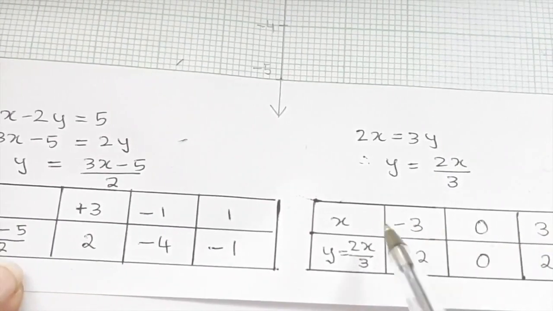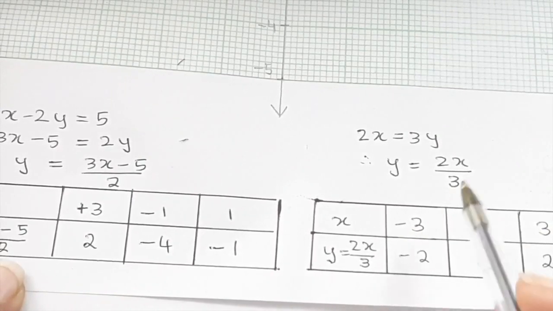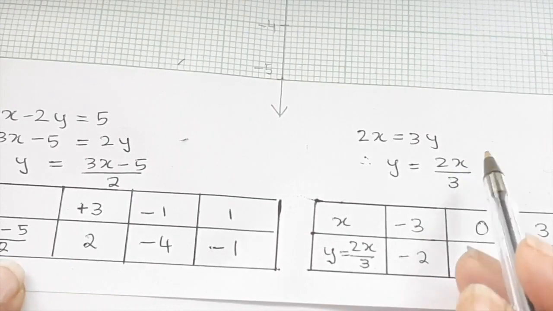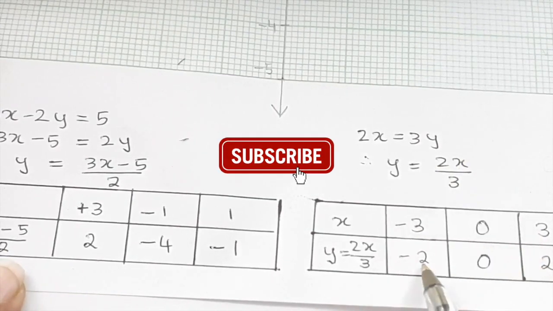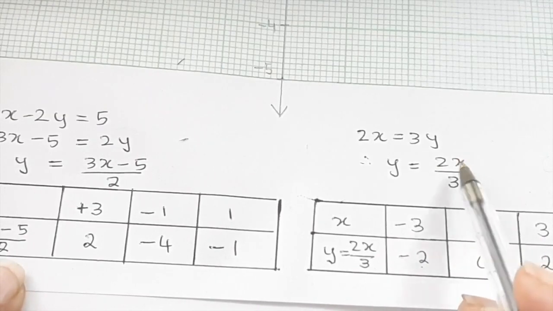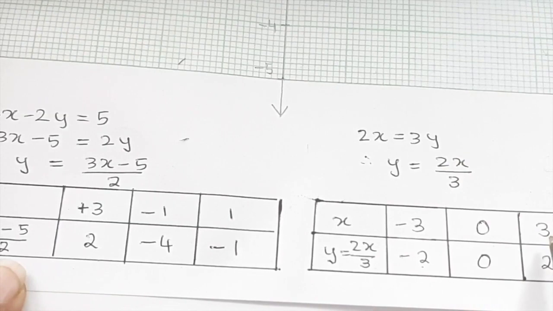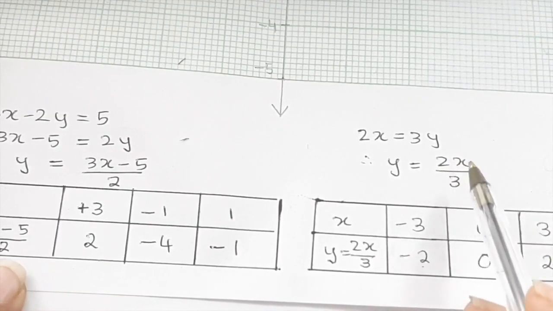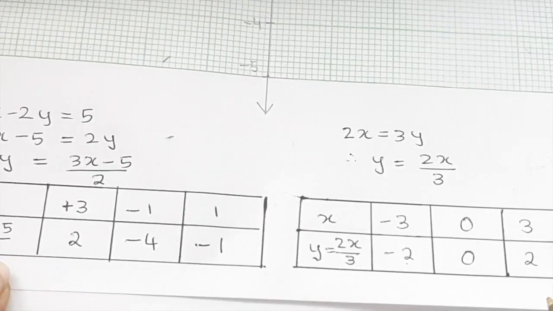Now I have to take x as a multiple of 3 because we have to divide by 3. So 2 into minus 3, the 3 gets cancelled and minus 1 into 2 will give us minus 2. If x is 0, 0 upon 3 will be 0. So 0 and 0. When it is x equal to 3, then 2 into 3, the 3 gets cancelled and you will have 2 as the value of y.